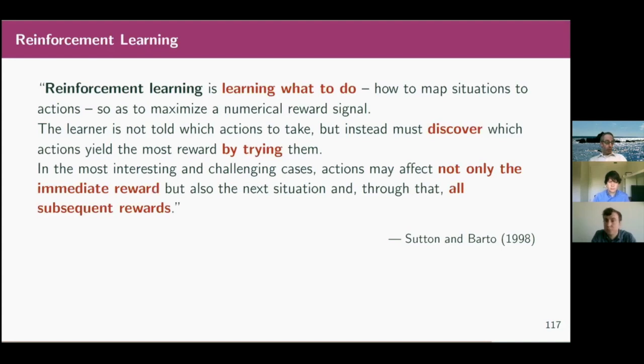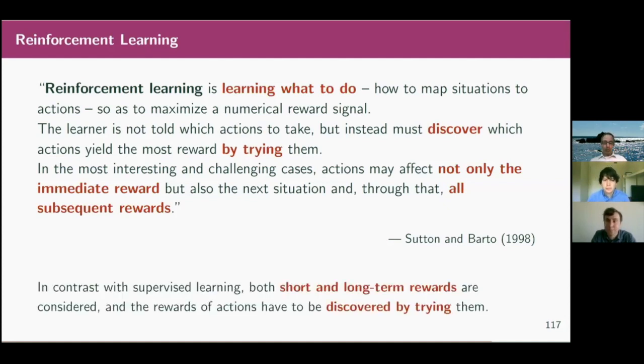In the most interesting and challenging cases, these actions may not just affect the immediate reward, but also the next situation, and hence also all the rewards that would come after that. So this is a quote from one of the classical textbooks in reinforcement learning, the Sutton and Barto book, and I've interjected some contextualization for this tutorial.